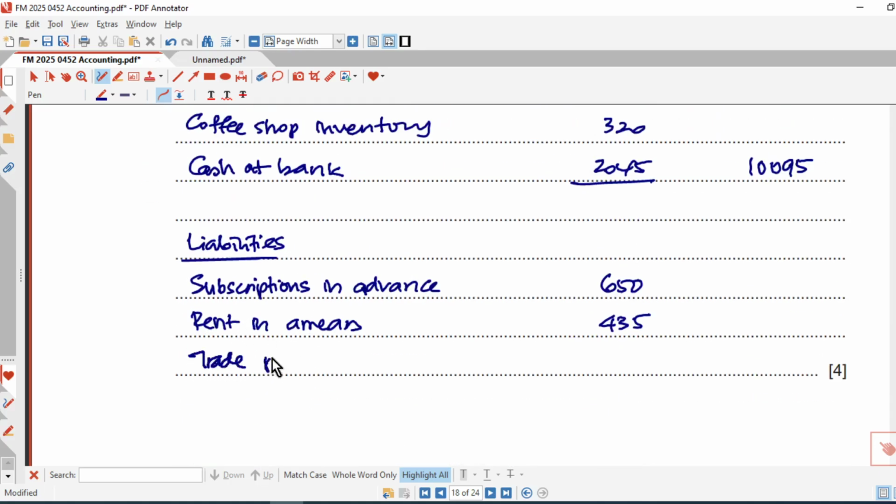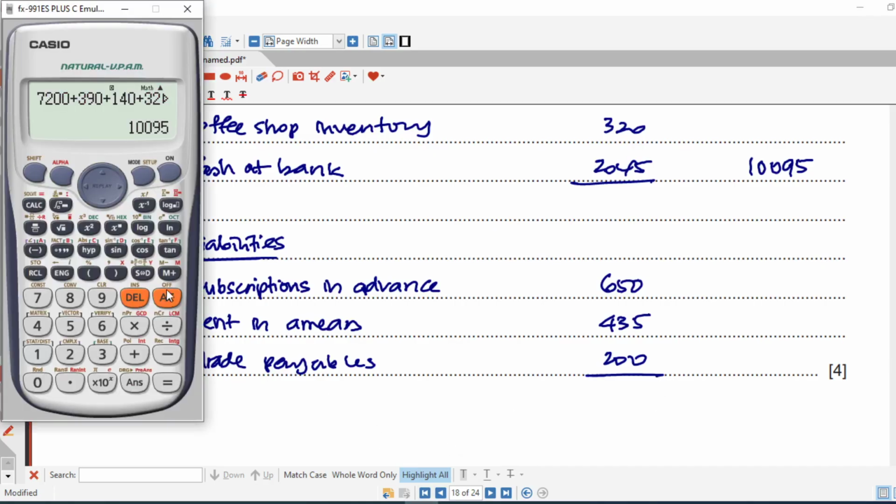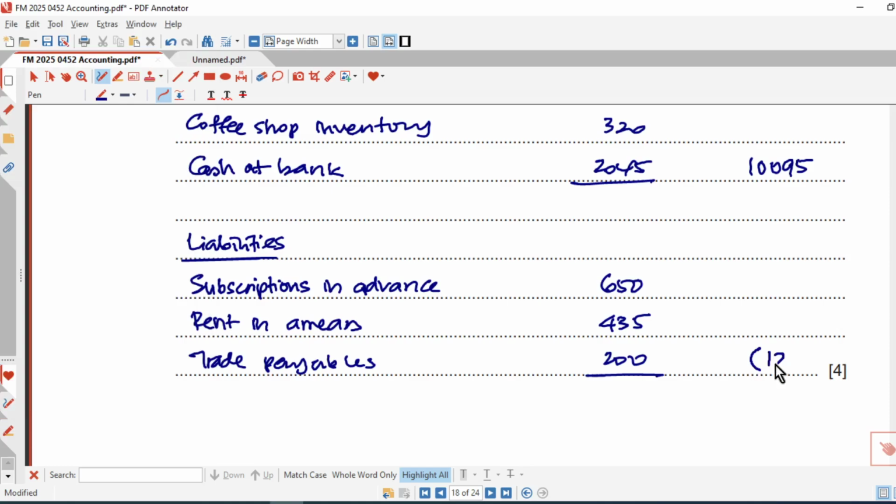Oops, almost on the dot there, almost out of space. Don't worry, we should have enough, right? Let's do a sum up. 650, 435, and 200. That is 1,285. So remember, the formula is to take assets minus liabilities.